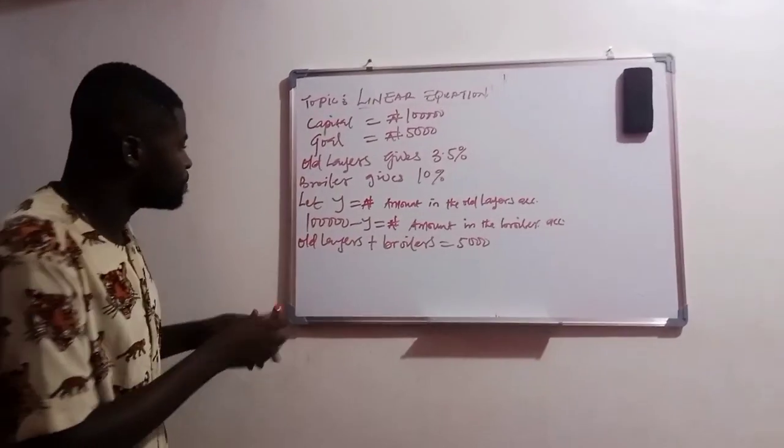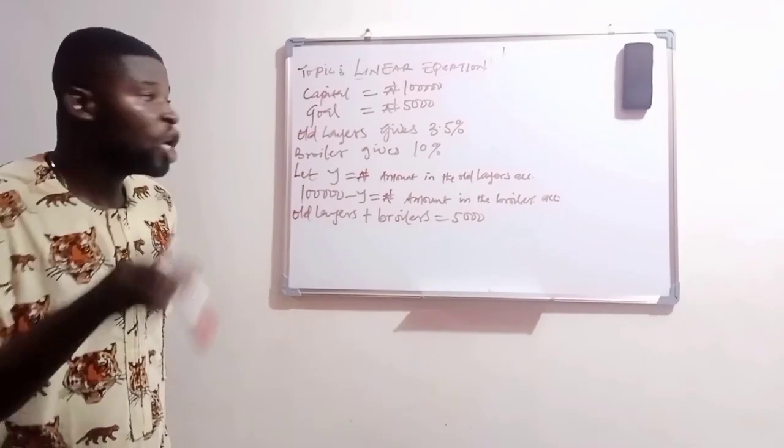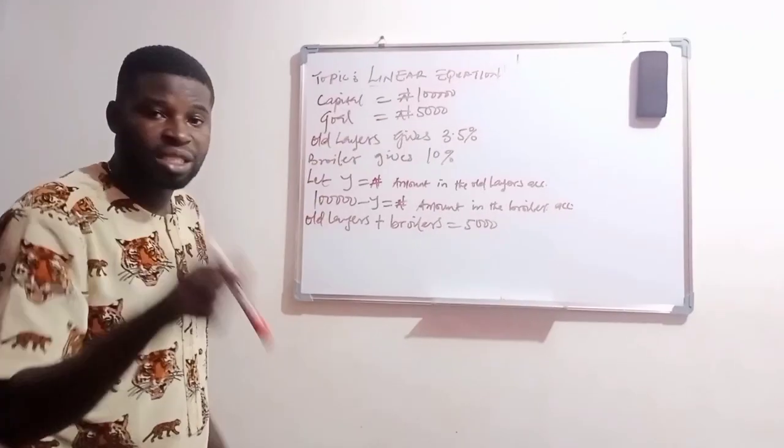What we do is, y, which is the amount of money set aside for layers, will be multiplied by the percentage.